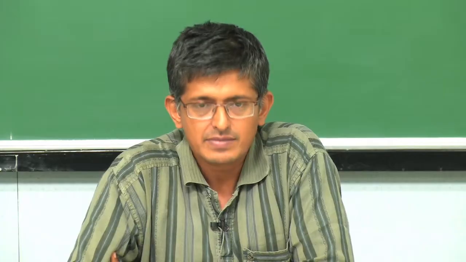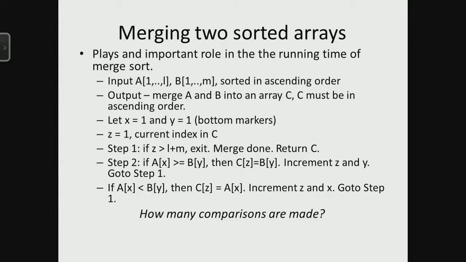This operation is called the merging operation of the two sorted arrays A and B. So, let us look at the time taken to merge the two arrays A and B into a sorted array C. The idea is quite intuitive.